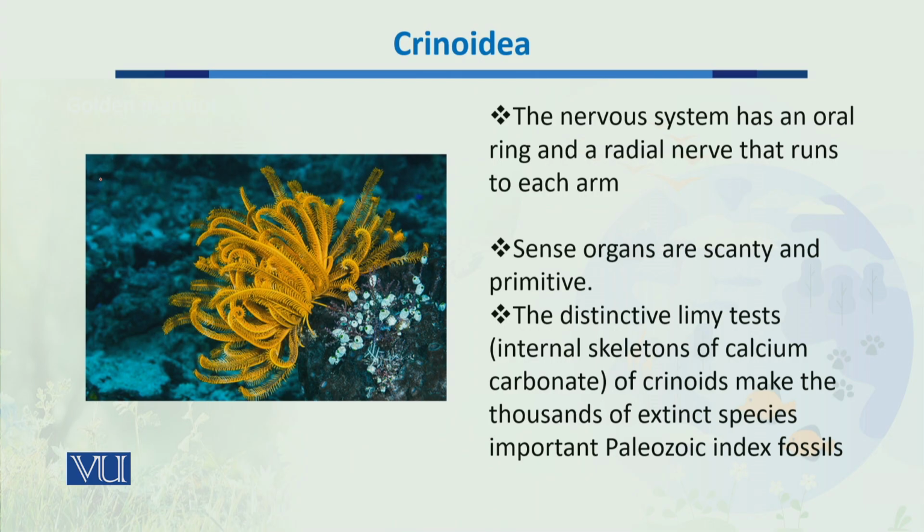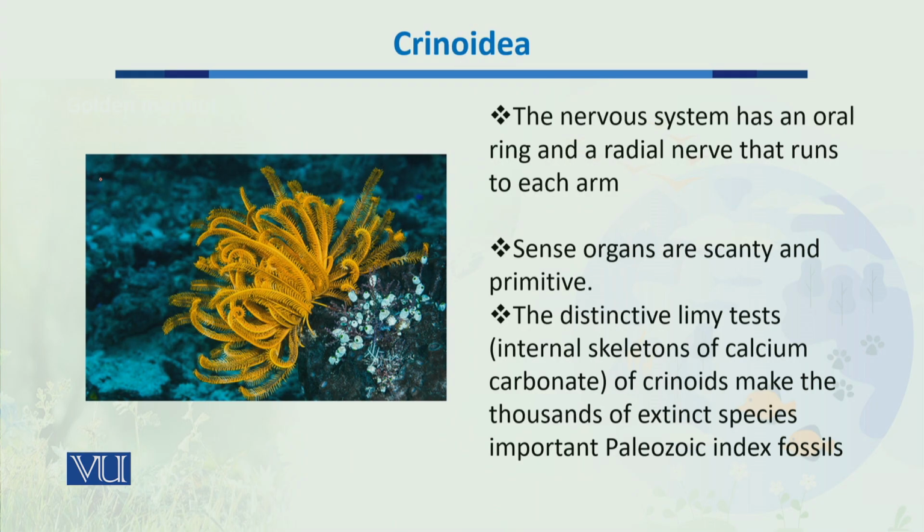The internal skeleton is made up of calcium carbonate, also called the test. This internal structure of crinoids makes up thousands of extinct species, which are important fauna of the Paleozoic era when we talk about fossils.